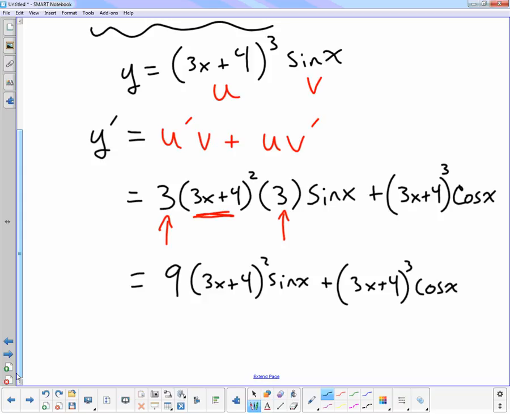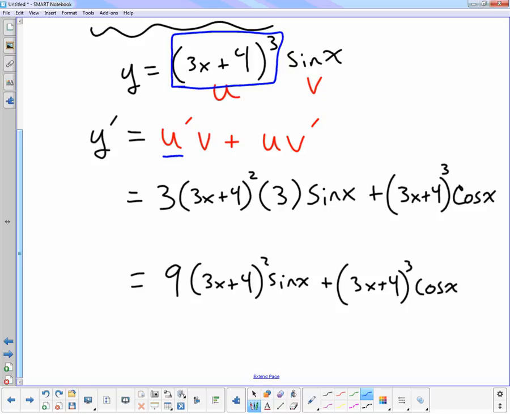This second 3 came when I took the derivative of the inside of him. Okay, I did u and v. So this first piece, u prime, is the derivative of that fellow, right?